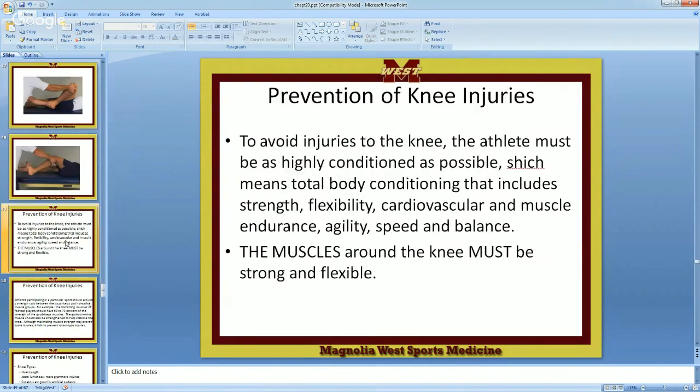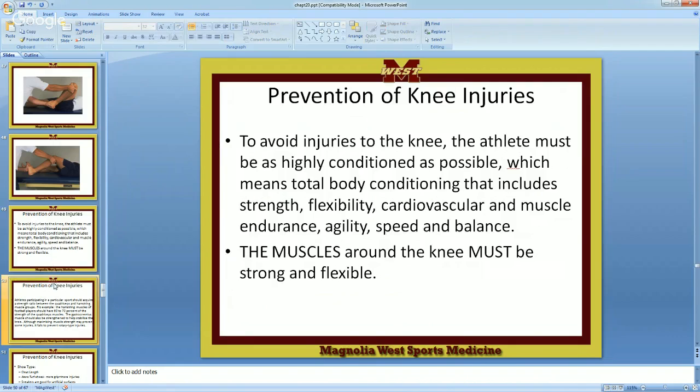All right, so go to number 49. To avoid injuries to the knee, the athlete must be as highly conditioned as possible, which means total body conditioning that includes strength, flexibility, cardiovascular, and muscle endurance, agility, speed, and balance.